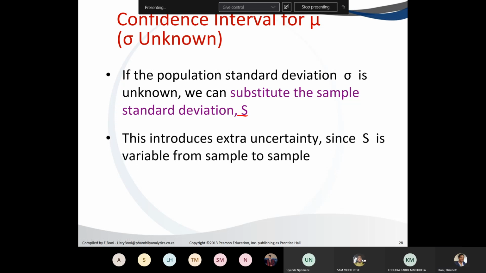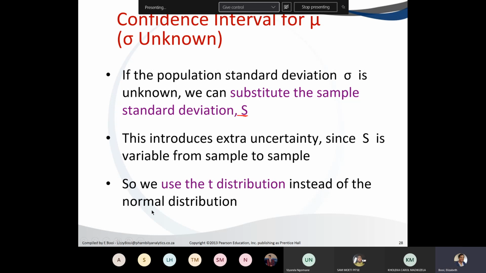With only sample information, that brings uncertainty into the calculations and the result. That is why, to apply the same principles, the sample size needs to be big, and the population needs to be normally distributed as well.